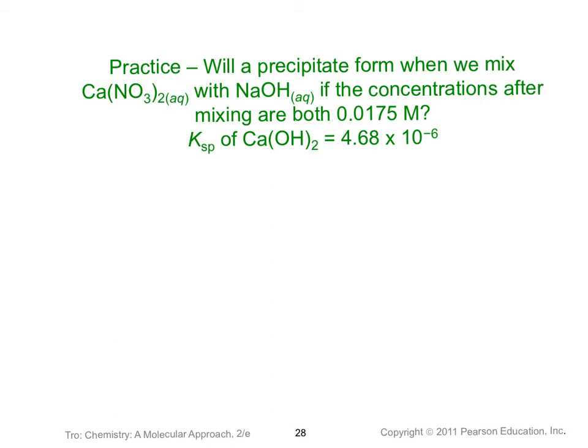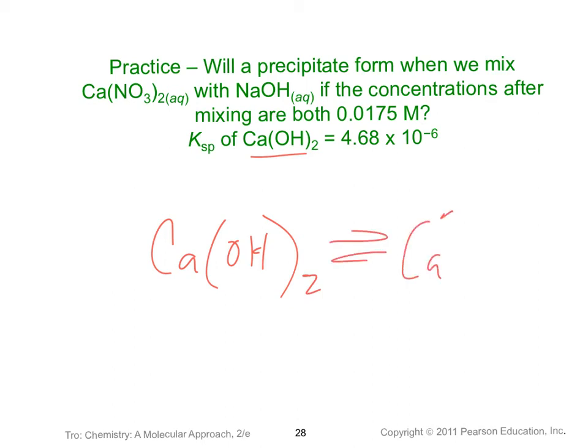So a little practice question. Will a precipitate form when we mix calcium nitrate with sodium hydroxide if the concentrations after mixing are 0.0175 and the Ksp is given? So now you know what the solubility looks like. You know that the CaOH2 is the solid in solution, and so you'd write the Ksp this way, and it would go to Ca2 plus and 2OH minus.